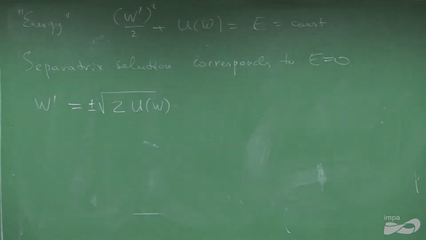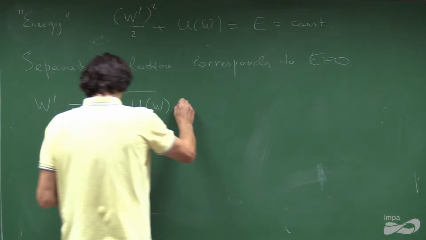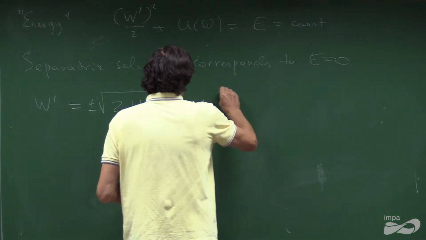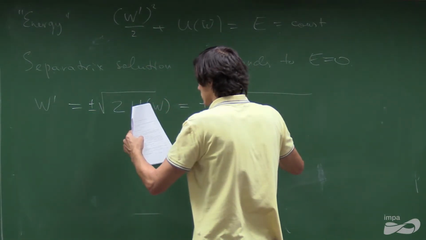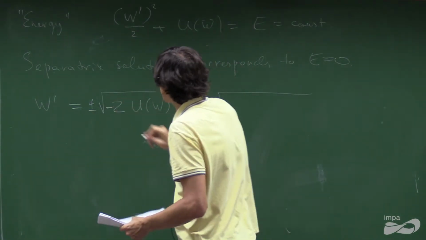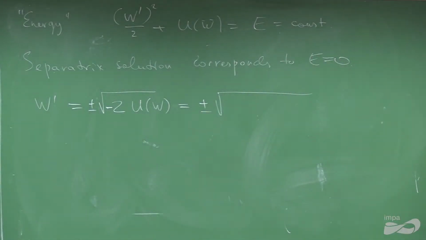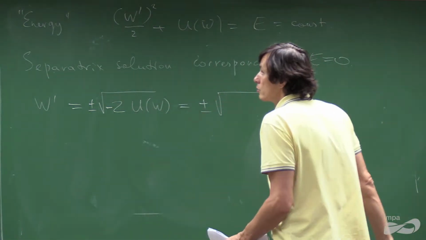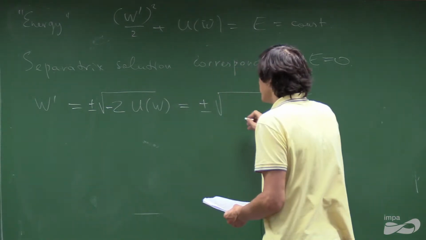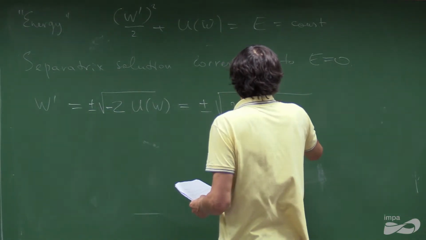Then you use the expression for U. I'll start with the last term, because it's minus, minus 2 in the square root. So I'll start with the v term, so it will be v W squared minus W cubed.